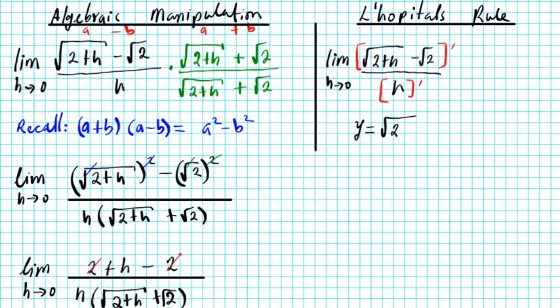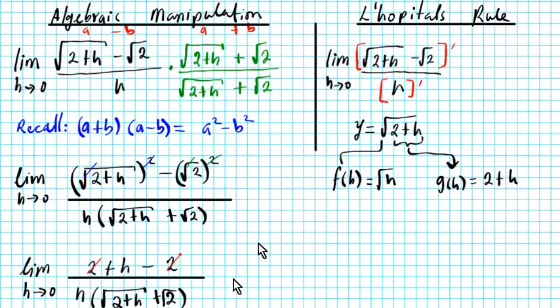So let's pull that out. Root 2 plus h. I'm going to call the outer function f. F of h is root h. And then the inner function is g of h, which is 2 plus h. Now using the chain rule, we're just going to differentiate the outer evaluated at the inner times the derivative of the inner.